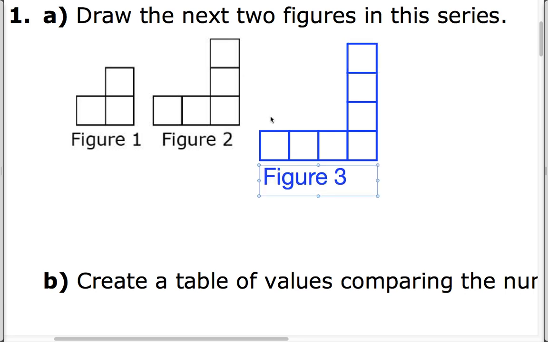Next, we're going to do another figure. And this time it's going to have 9.